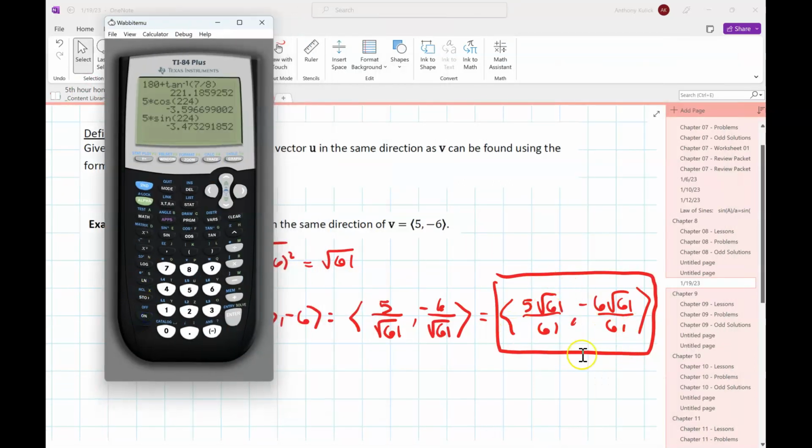Let's just check to make sure that the length of this is indeed 1. Sound good to you guys? So I'm just going to use my calculator to do that, because it's going to be kind of an annoying by hand computation.